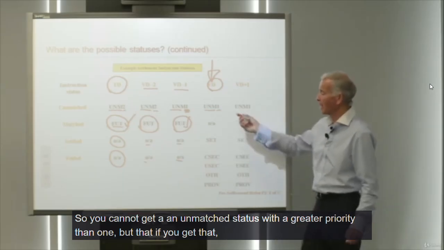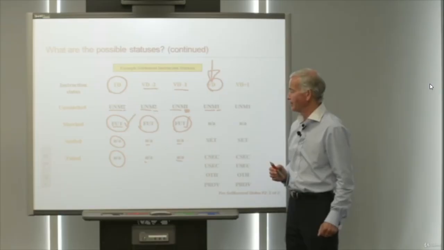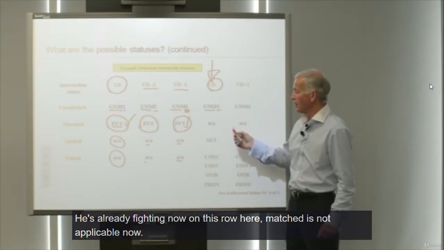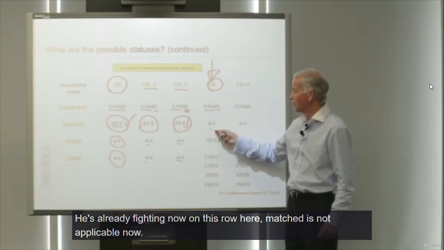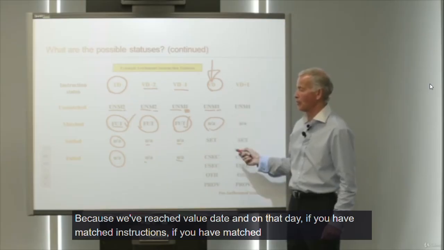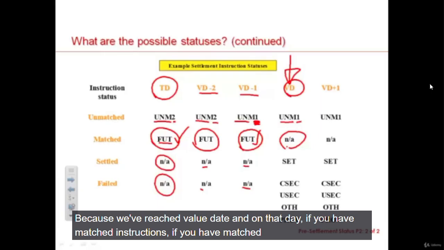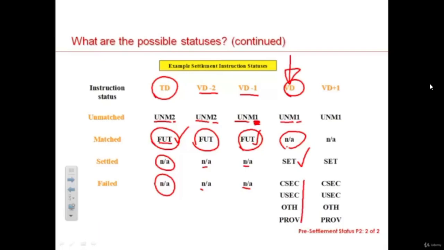But if you get that, it means that the trade is already failing. Now, on this row here, matched, it's not applicable now. Why? Because we've reached value date, and on that date, if you have matched instructions, then it will either settle or it will fail to settle.